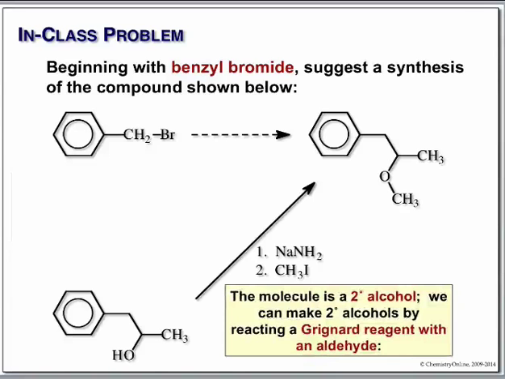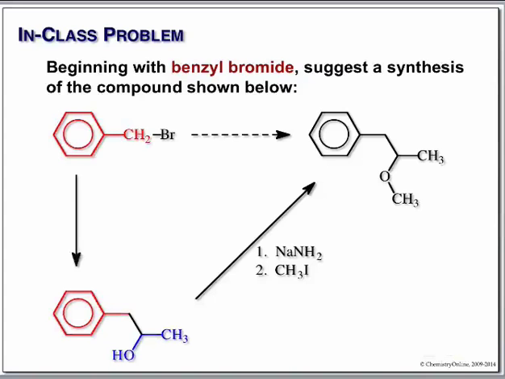So you want to look at this material. Obviously, our alkyl halide is going to be our benzyl bromide, isn't it? Here's the benzene ring, here's our CH2. So this part here came from our benzyl bromide. This part here came from the aldehyde.